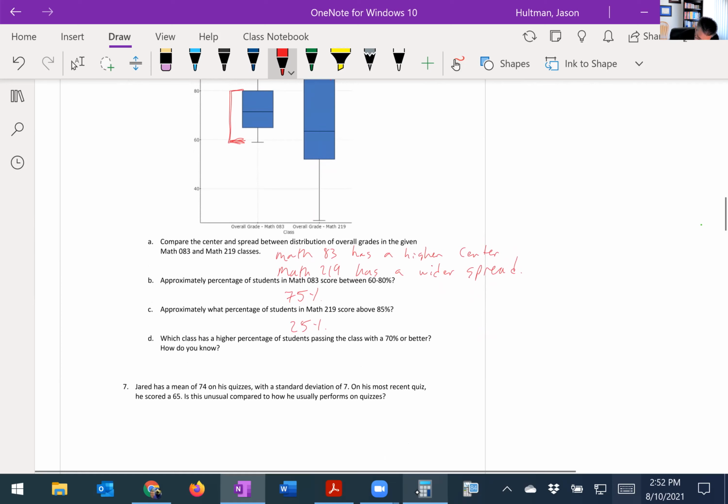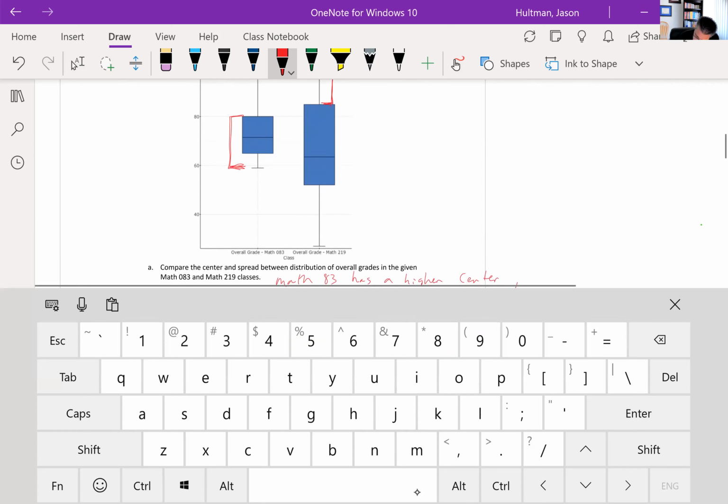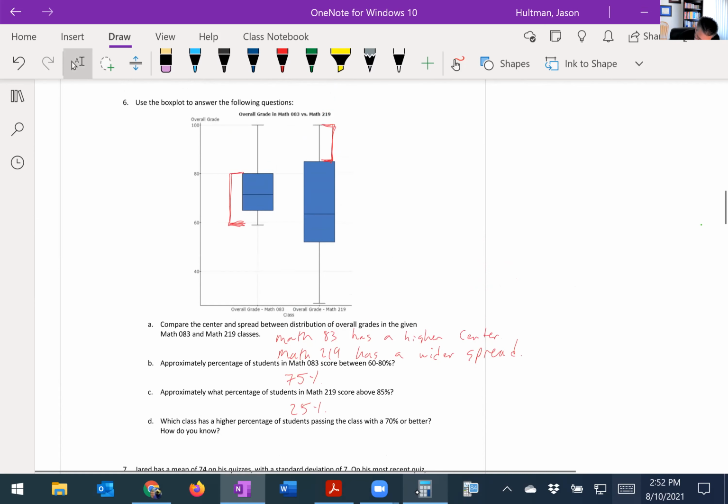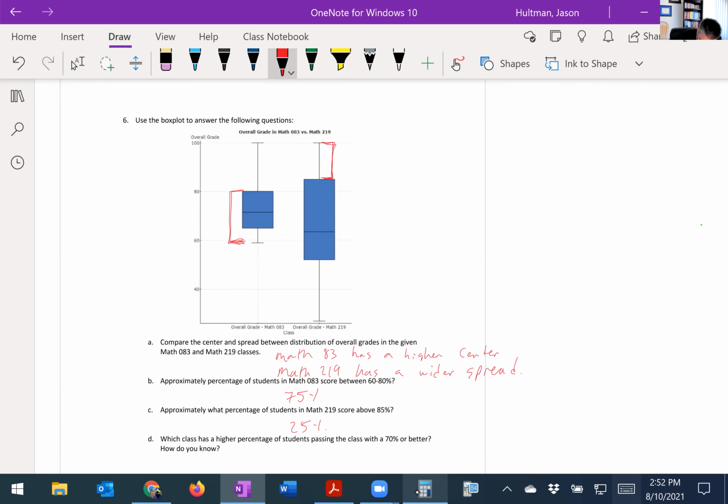Which class has a higher percentage of students passing with 70% or better? So 70% I'm going to call here. And so for Math 83, we have 50% passing, which is not the case for the Math 219.